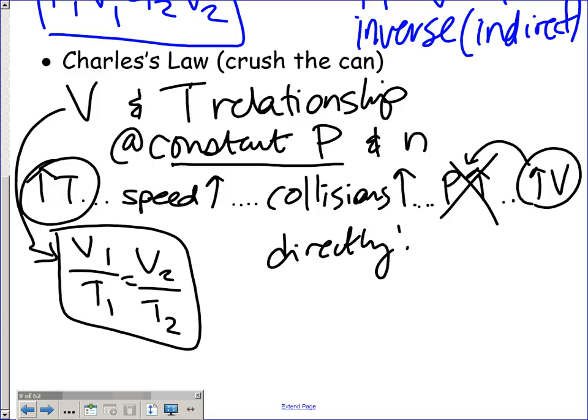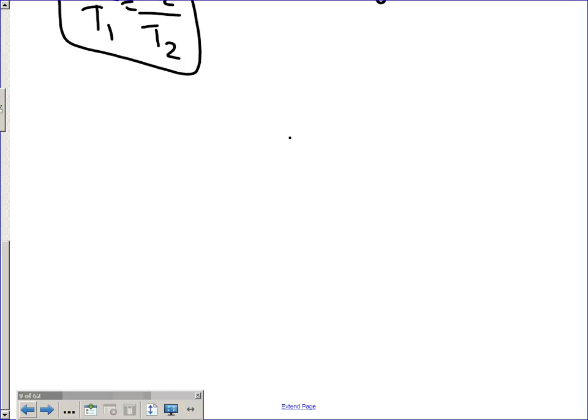Okay, so let's do a problem related to that. Go to number 6 on your sheet that's in front of you. All right, so on number 6, tell me what you're seeing that's important.